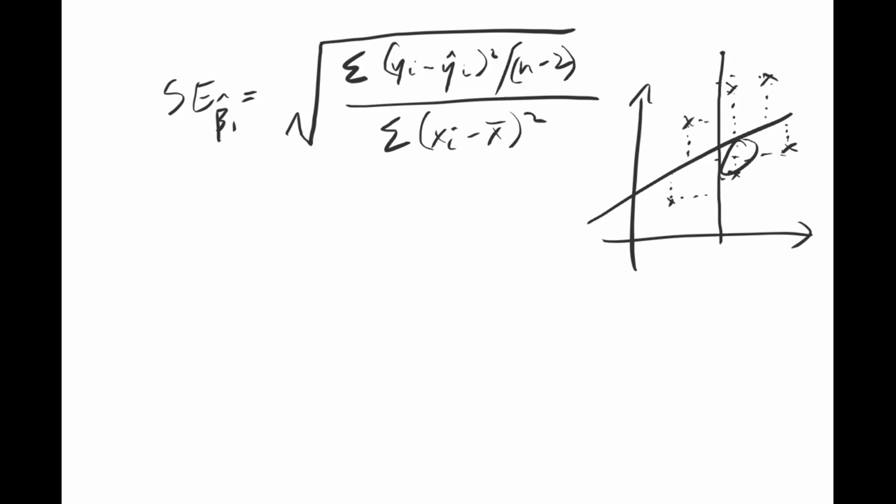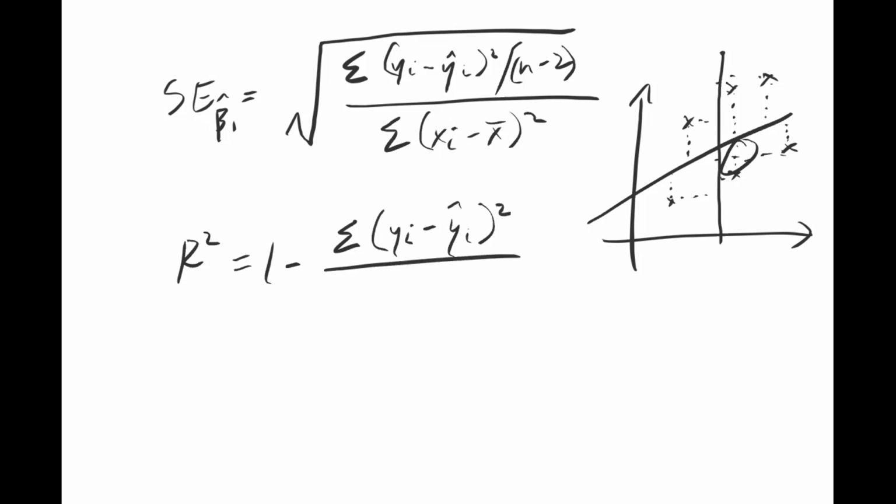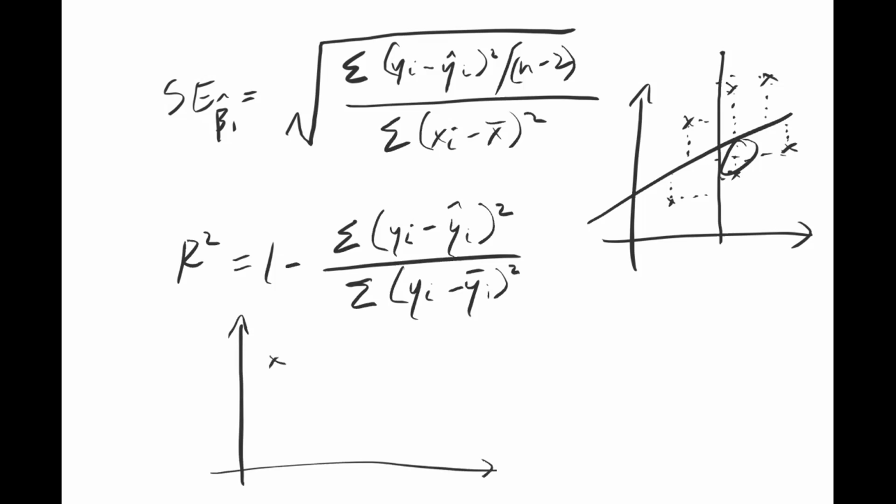And then for our r squared, 1 minus the sum of yi minus yi hat squared over the sum of yi minus the mean of y squared. As a quick refresher, the r squared is essentially a comparison of how my regression line that I fit through data like this would compare to a line that would just be the mean of my y values.